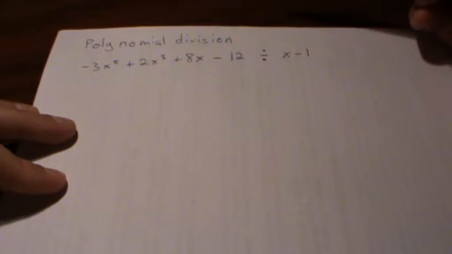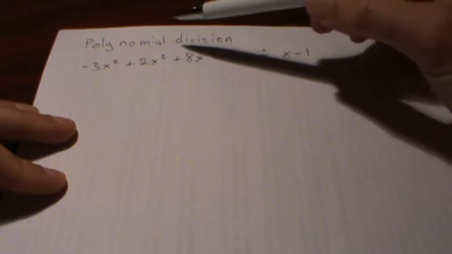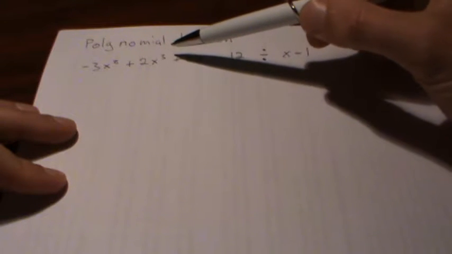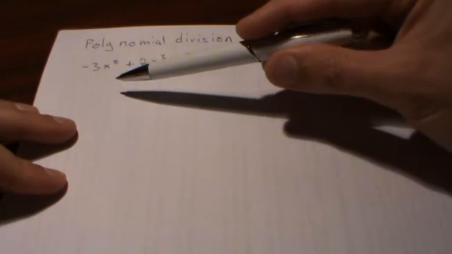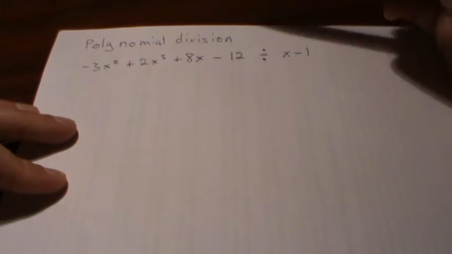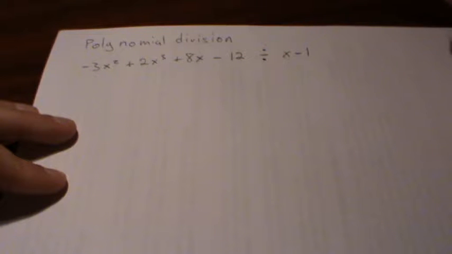When you divide polynomials, you must put them in descending order. So the third would go first, the second would go second, the first, and so forth.